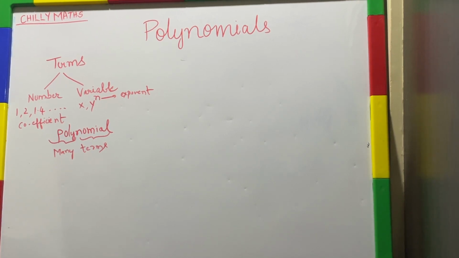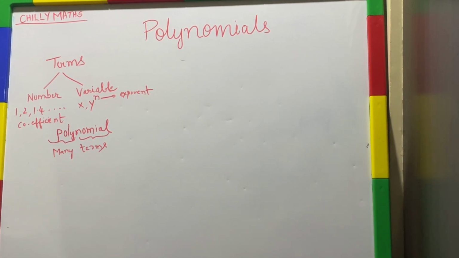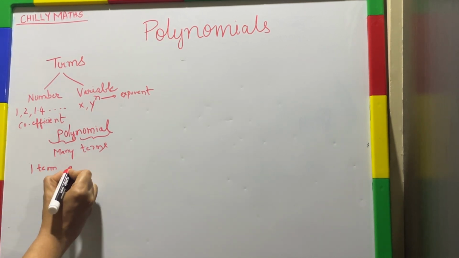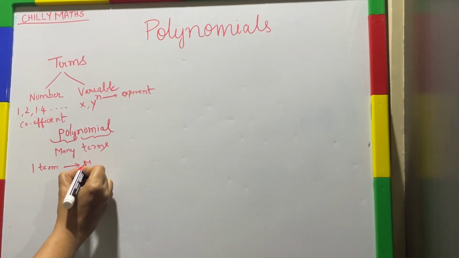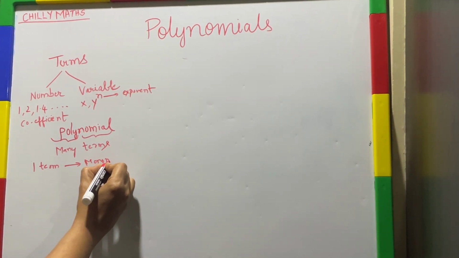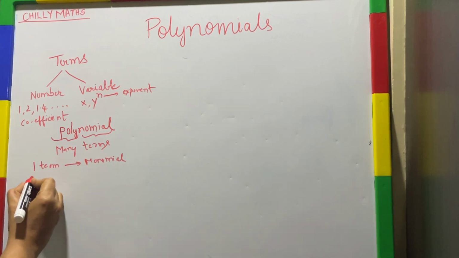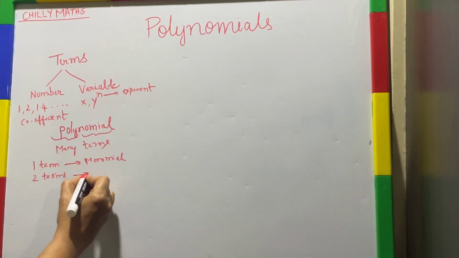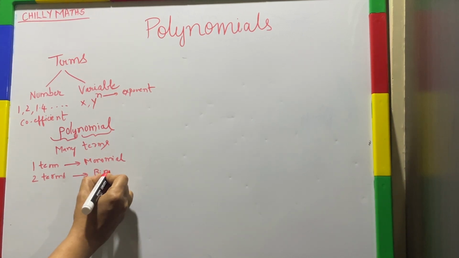There are specific names for polynomials based on number of terms. So if it has one term, then it is called as monomial. If it has two terms, then it is called as binomial.